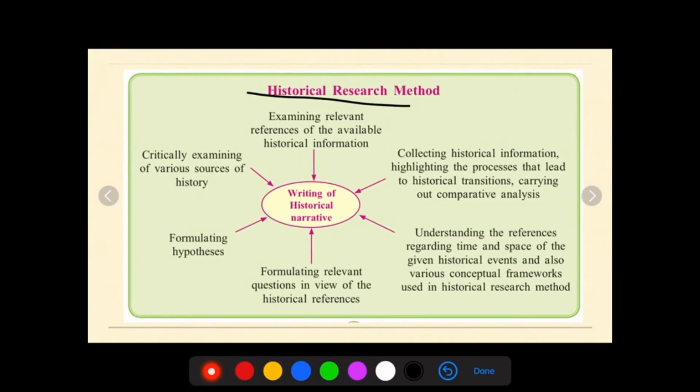Next is historical research method. Let us go one by one on these things. The first one is critical examining of various sources. Now, sources of history. I told you earlier about Gandhiji's paper and my paper.